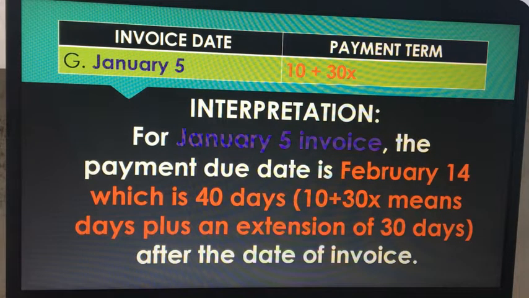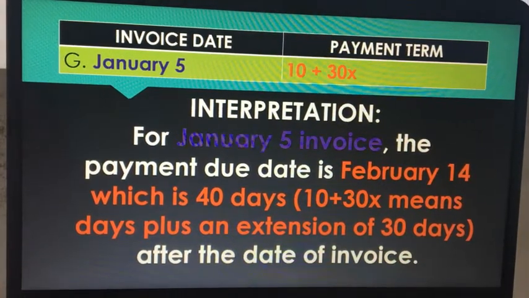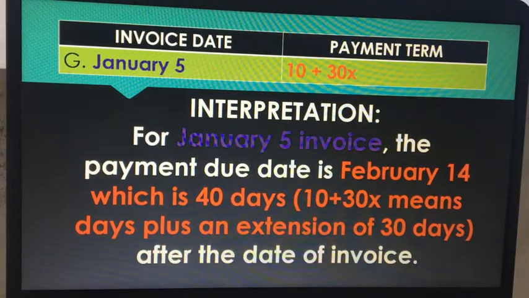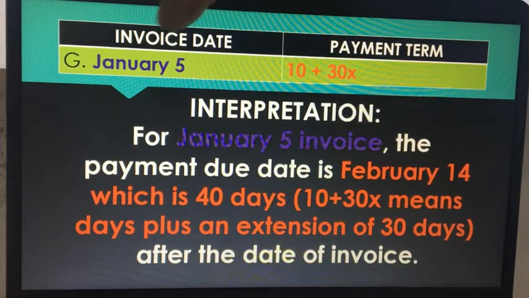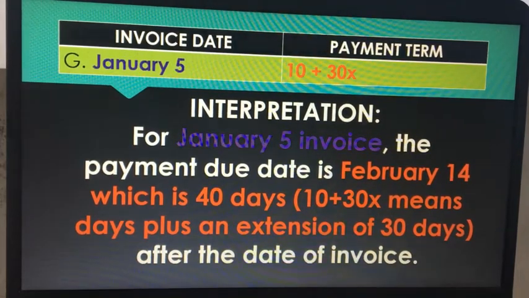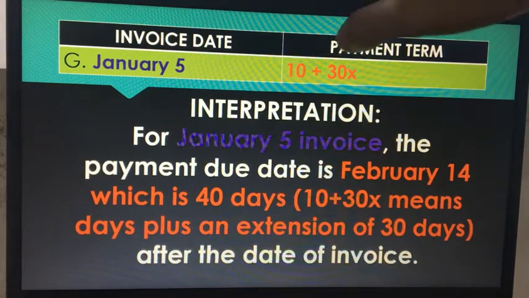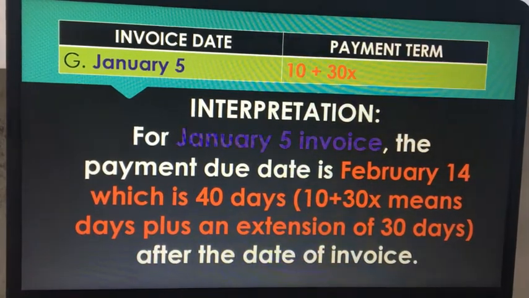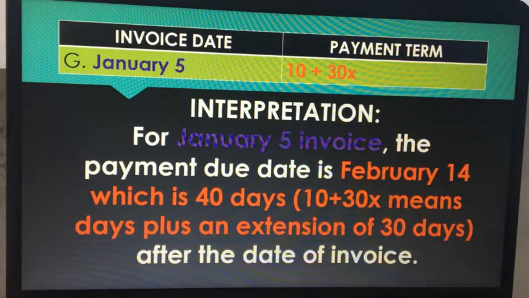Why February 14? When you encounter 10 plus 30x, the 10 here is the first 10 days after January 5. The first 10 days is until January 15. If we encounter plus 30x, meaning plus 30 days.